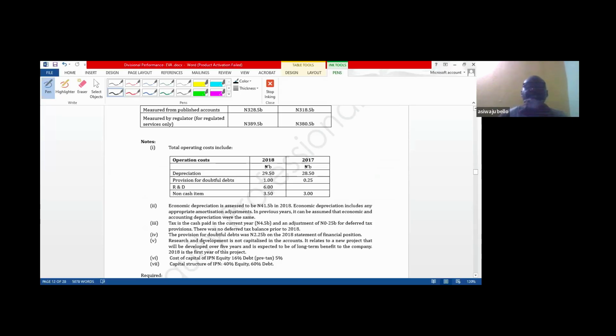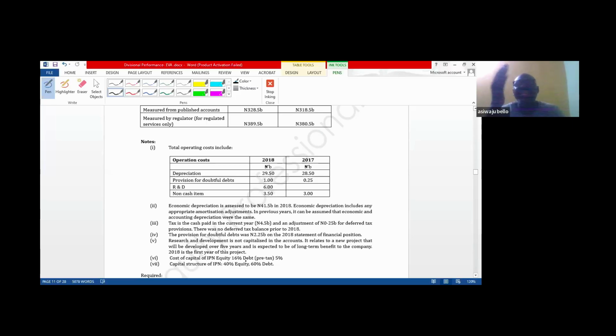Research and development is not capitalized in the accounts. It relates to a new project that will be developed over 5 years and is expected to be of long-term benefit to the company. 2018 is the first year of this project. This cost will be amortized for 5 years.